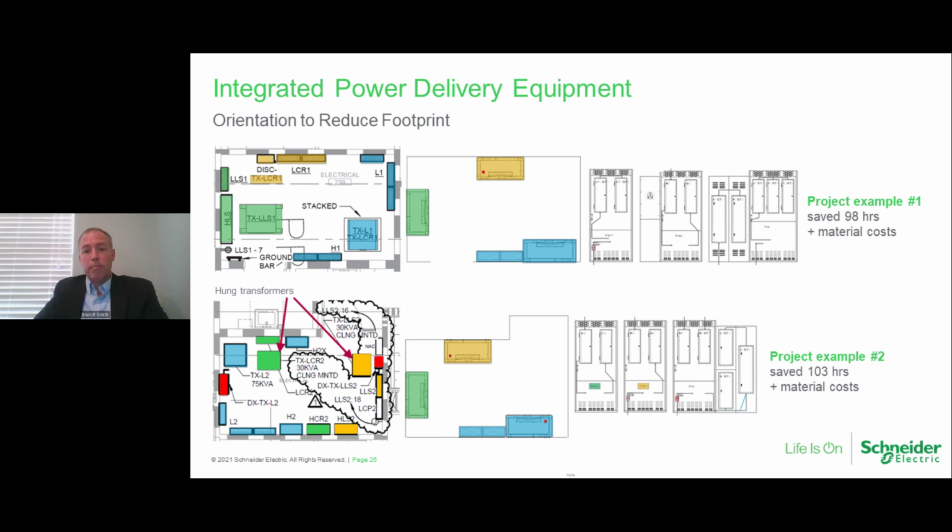In this case, the material cost was actually a minor savings, but the big savings came in the labor hours, where we saved almost 100 hours on that installation. Same situation on the bottom. It's a very chaotic installation, and you contrast that to the nice, clean, integrated equipment where, once again, over 100 labor hours saved on that installation.